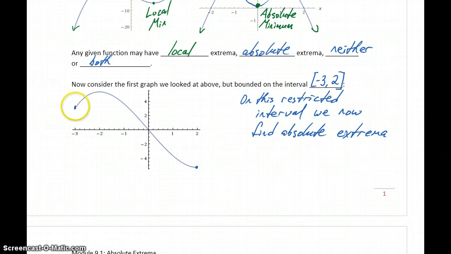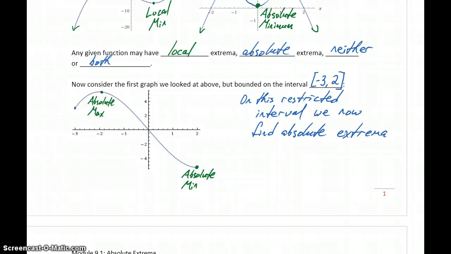So now that we've restricted this function to a limited domain, we can see that we have a local maximum, but now since the graph isn't extending beyond either of these two endpoints, this is also now an absolute maximum. Again, not for the entire domain of the function, just for this restricted domain. And now this endpoint down here is the absolute minimum of this function on this closed interval.